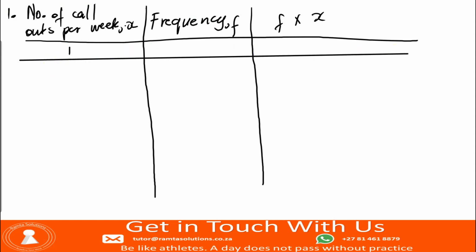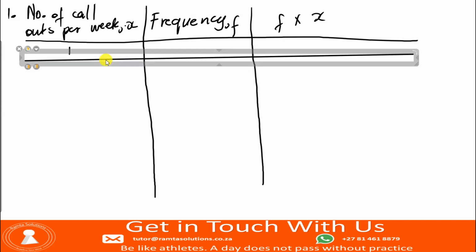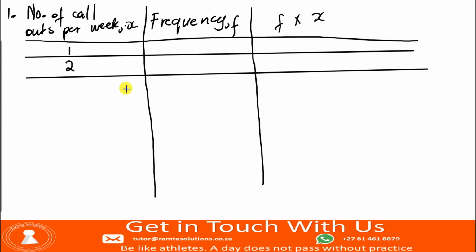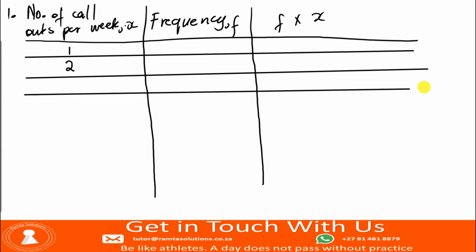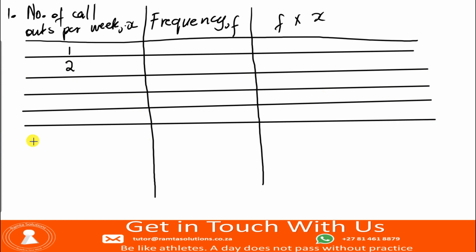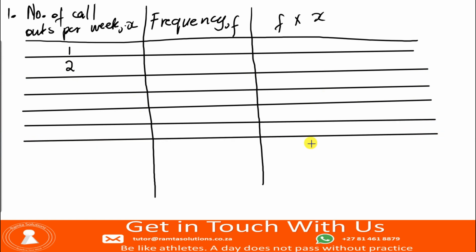I'm going to make 7 columns: this will be 4, this will be 5, this will be 6, and this will be 7.